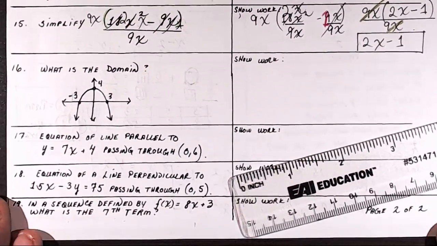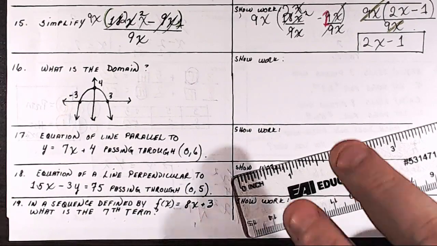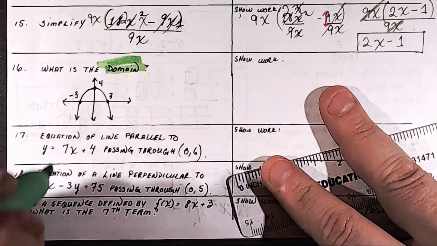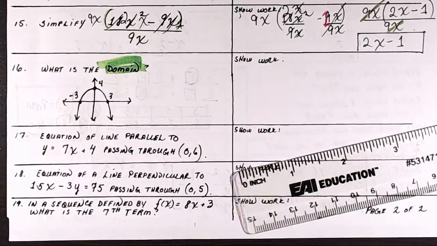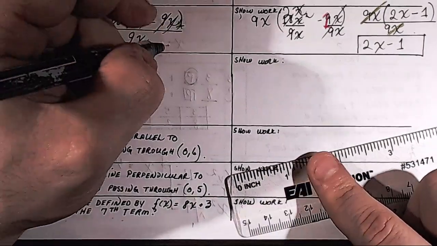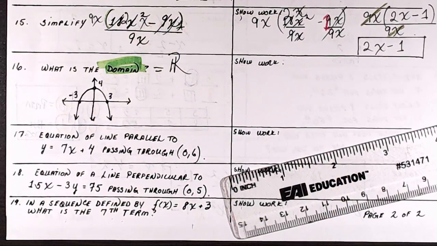Okay, number 16. What is the domain? All right. Keyword right here, domain. The domain of a quadratic function is all real numbers, unless otherwise specified.